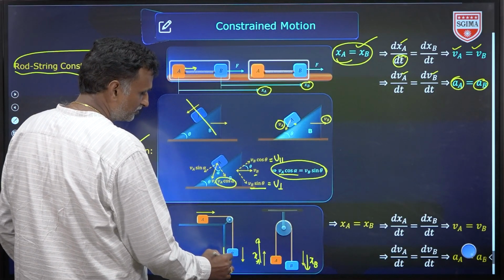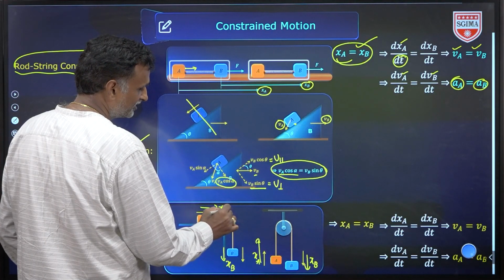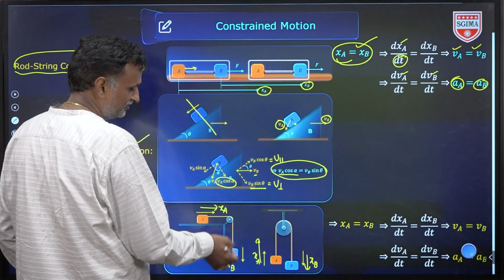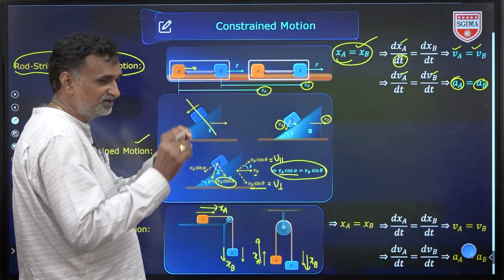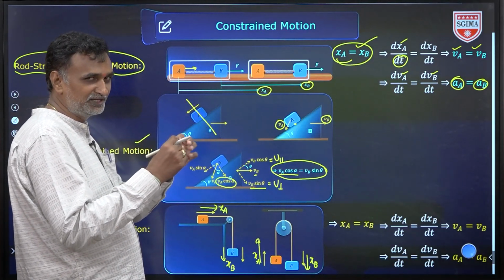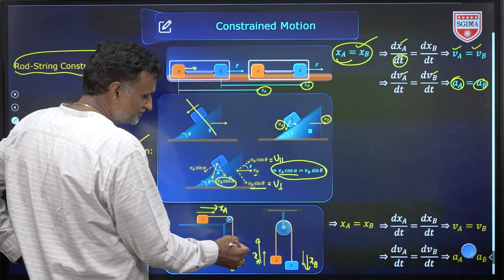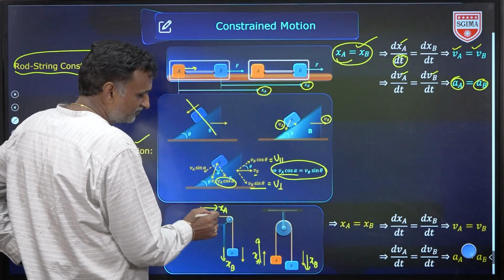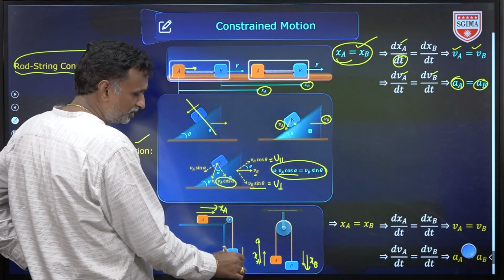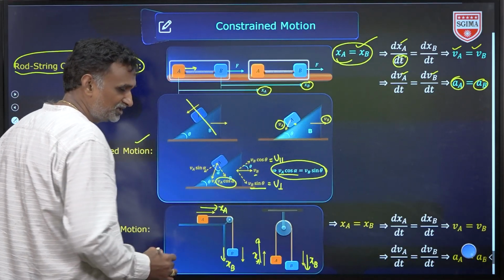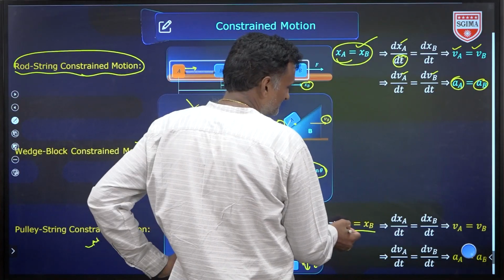If B is moved down by XB, then A is moved forward by XA, and XA and XB are the same, because the string will be in the taut position, it won't slacken. So the distance through which block B is moved down, the same distance A must be moved. That is why XA equals XB here.